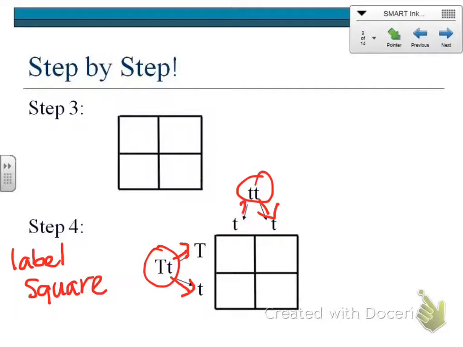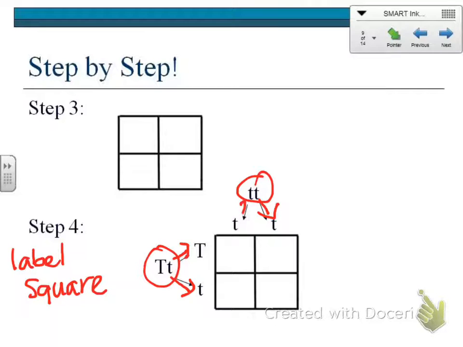All right, step 5. I need somebody to read step 5 for me. Go for it, Tyler Little. Determine the possible genotypes of the offspring by filling in the P-square. All right, so we're going to fill it in. It's very similar to a multiplication table. So we're going to look at what's above it and what's to the side of it.